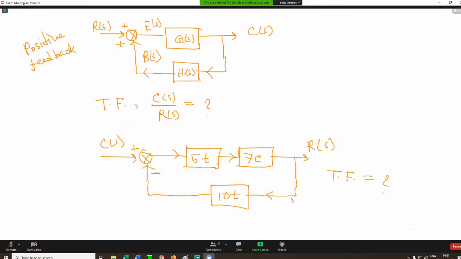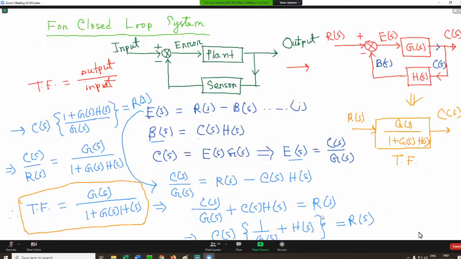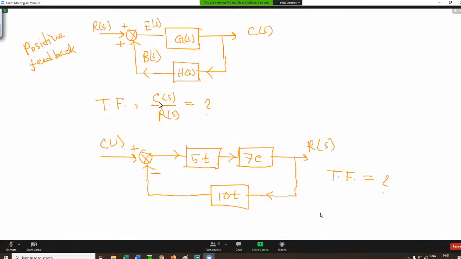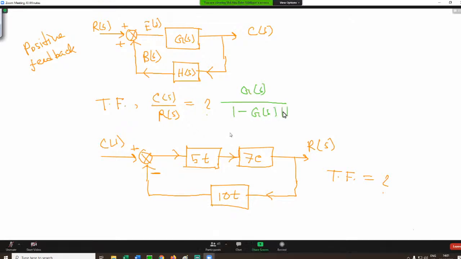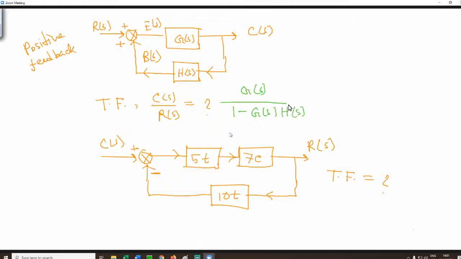GS by 1 minus GS excess. What we have here, GS by, yes, you are right. So you can write the first one: GS by 1 minus GS excess. Very good. And what about this one?